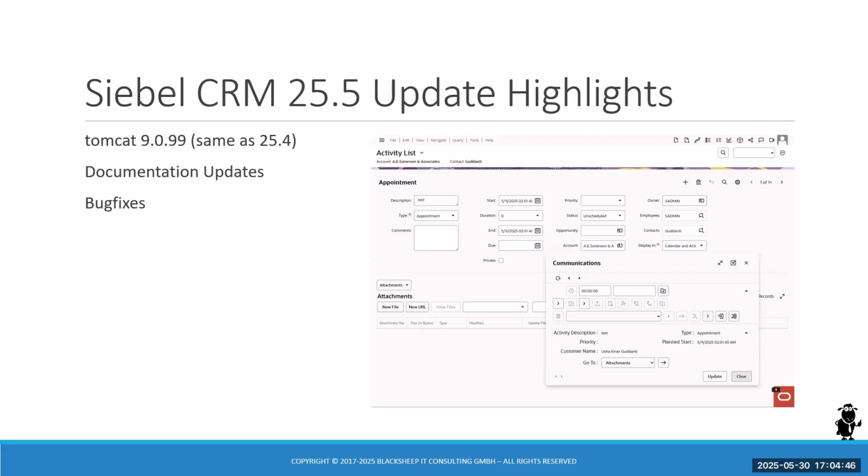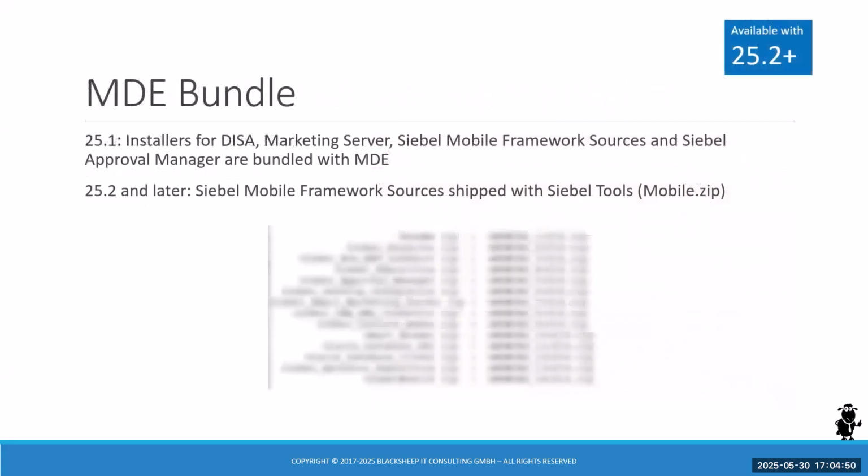And 25.5, of course, includes everything from previous releases, including, for example, something sometimes confusing for people who download Siebel: where are the installers? For example, where's the installer for DSA? That is now bundled in one single installer.